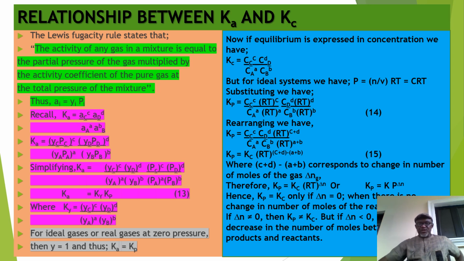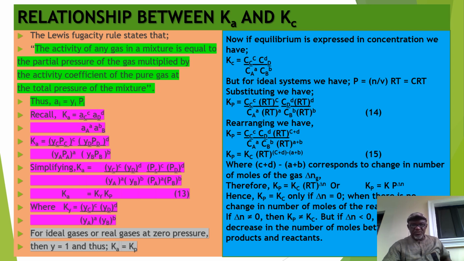Now, if we use equilibrium in terms of concentration, which we have made before, we go back to our ideal gas equation and rearrange to make P the subject, and P will be equal to cRT. So we substitute and rearrange by collecting like terms. We can see that C^c C^d over C^a C^b is the equilibrium constant in terms of concentration.